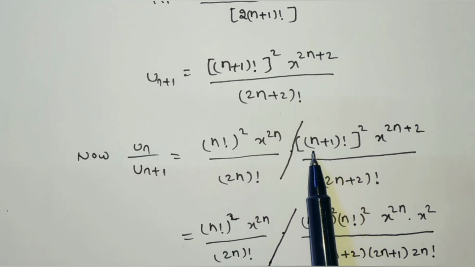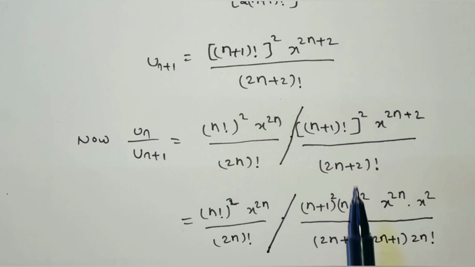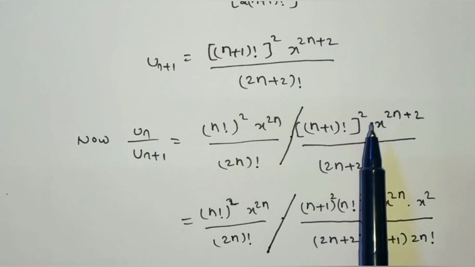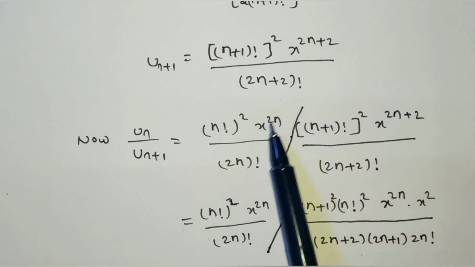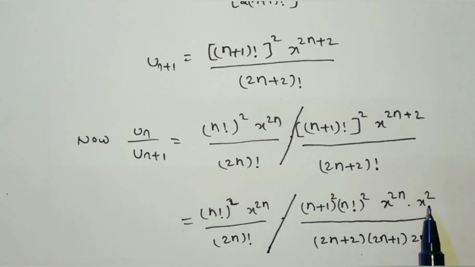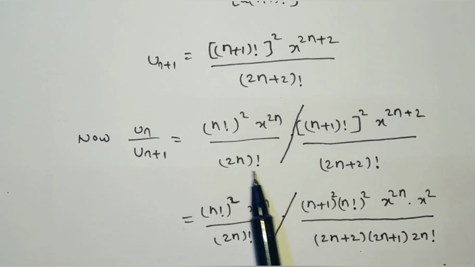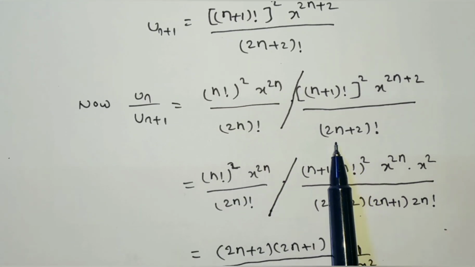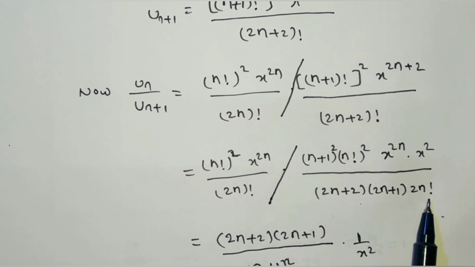The term n plus 1 factorial you can write as n plus 1 into n factorial. So it becomes n plus 1 whole square into n factorial whole square. X to the power of 2n plus 2 you can write as x power 2n into the remaining x square. For 2n plus 2 factorial you can write 2n plus 2 into 2n plus 1 into 2n factorial.